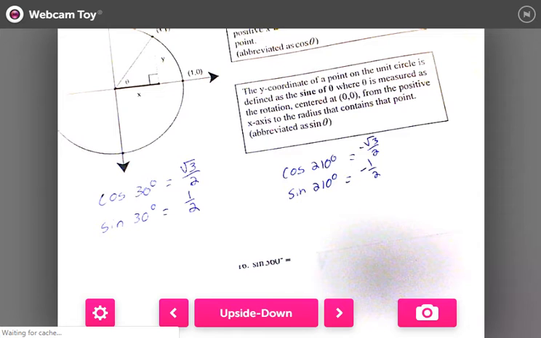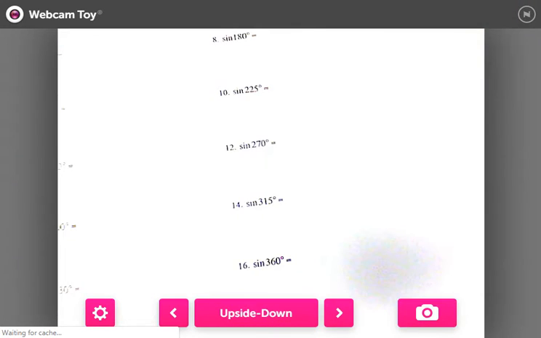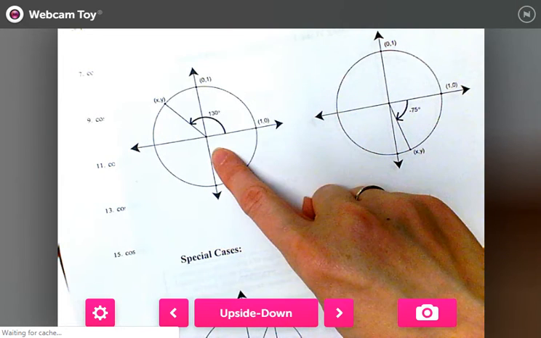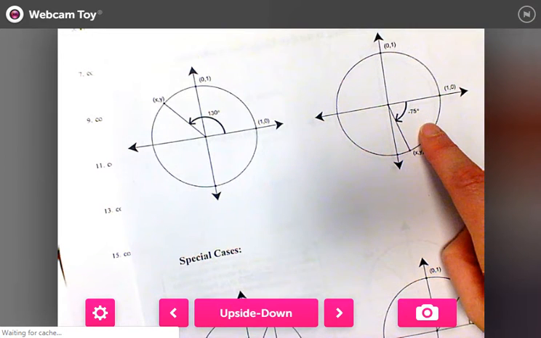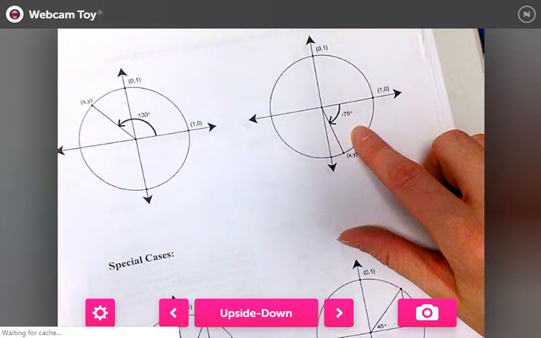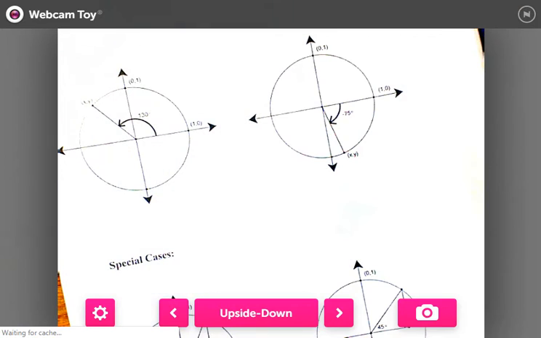Okay. So the back of this sheet you guys are going to do on your own. I'll put that back up there. You're going to find 130. You're going to find negative 75. What do we think negative 75 is? Let's talk about this for a second. What are the whole angles of the circle? 360, correct?